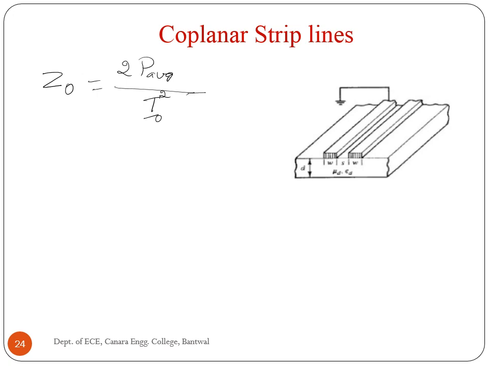The average power is equal to half into integral of product of electric and magnetic field with respect to dx and dy. Electric field intensity in the positive x direction and magnetic field intensity in the positive y direction.